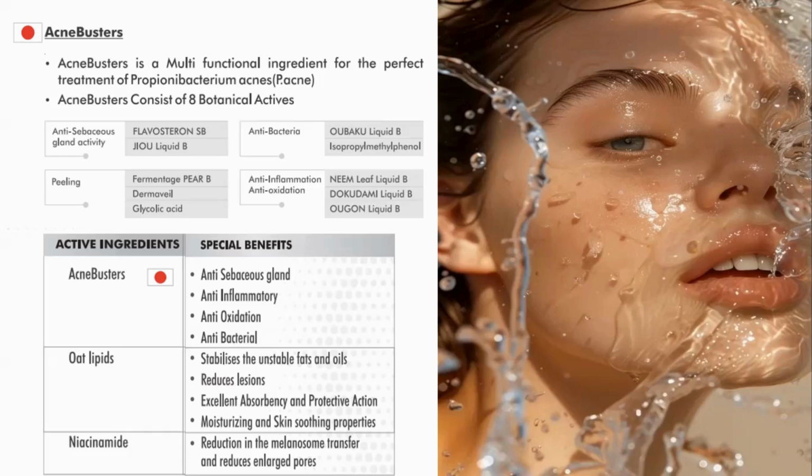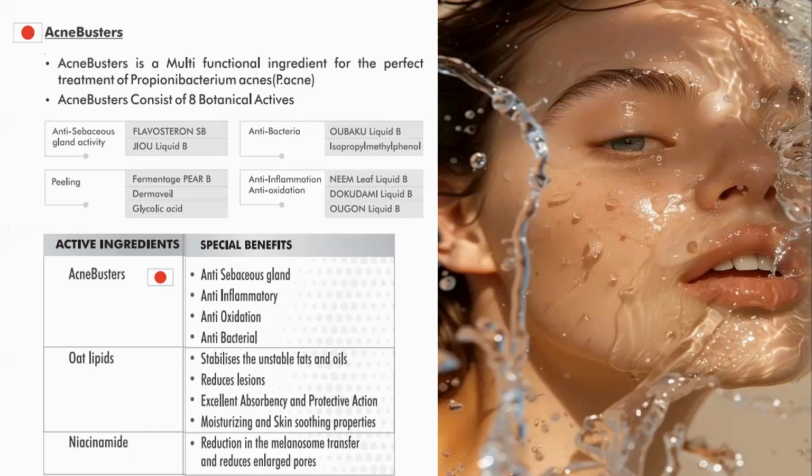Another one we have talked about is the hyperkeratinization happening and disorder of peeling. For that, we have got Fermentage PRB, Dermaveel, and glycolic acid in our Akneklenz product. Then next we have discussed how, due to the anaerobic condition of the hair follicle, Propionibacterium acnes growth happens and inflammatory acne comes over the face.